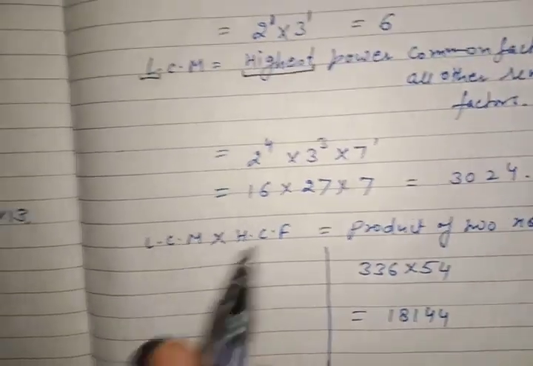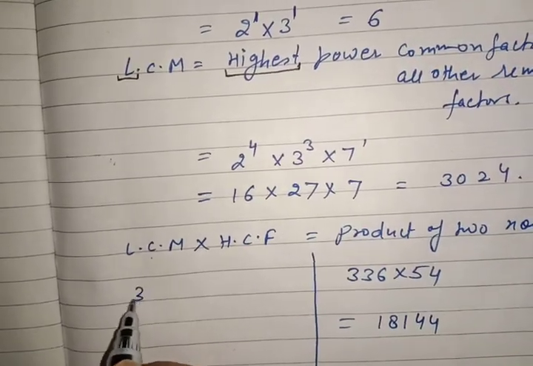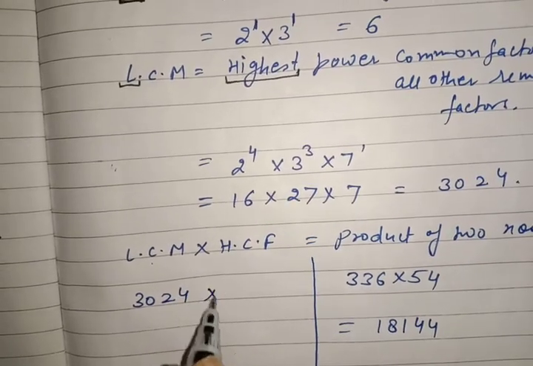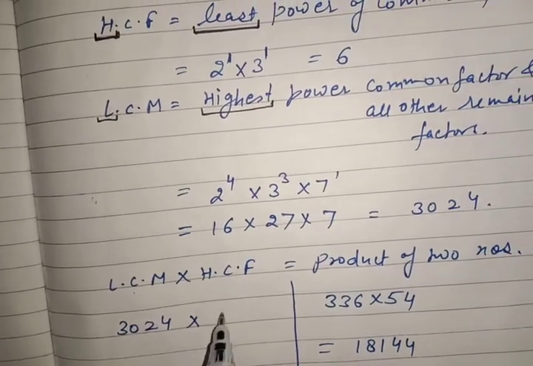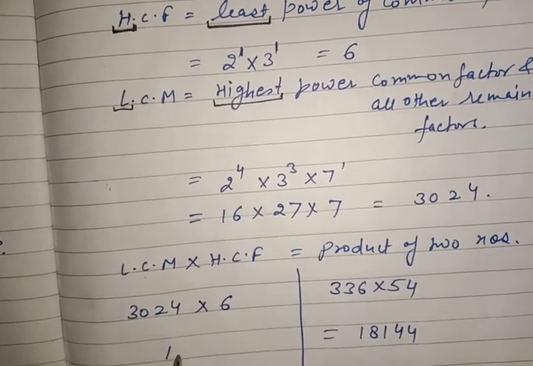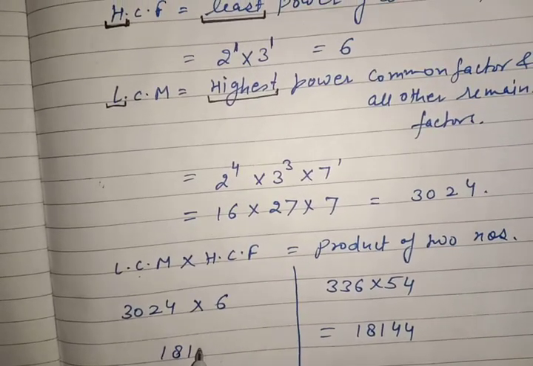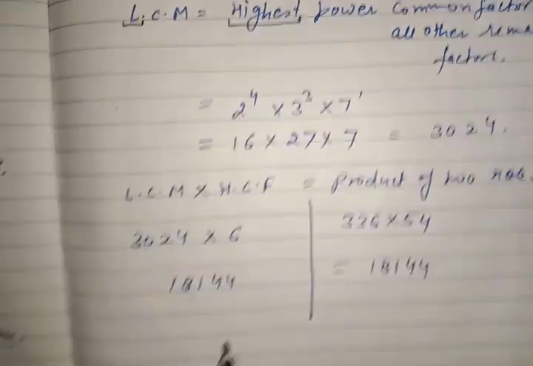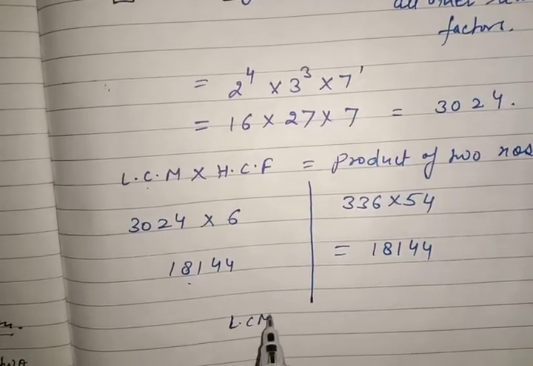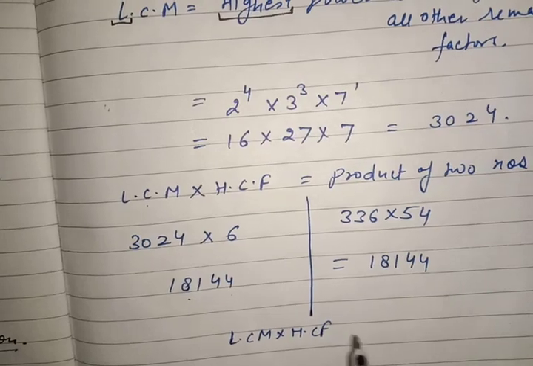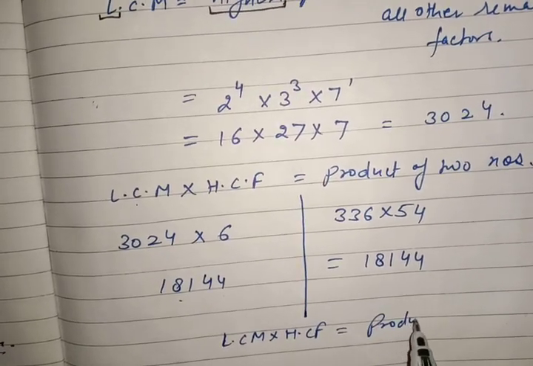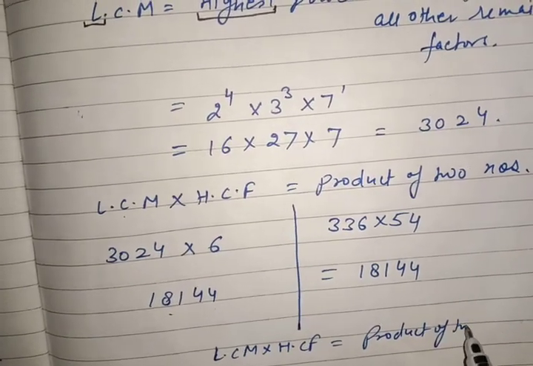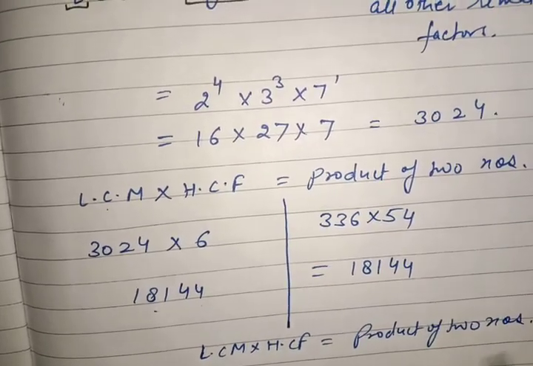And here, what is the LCM? LCM is 3024, and HCF here is 6. When you multiply, again you will get 18144. As the formula is verified, you can write LCM into HCF is equal to the product of the two numbers. I am going to tell you the standard form of this.